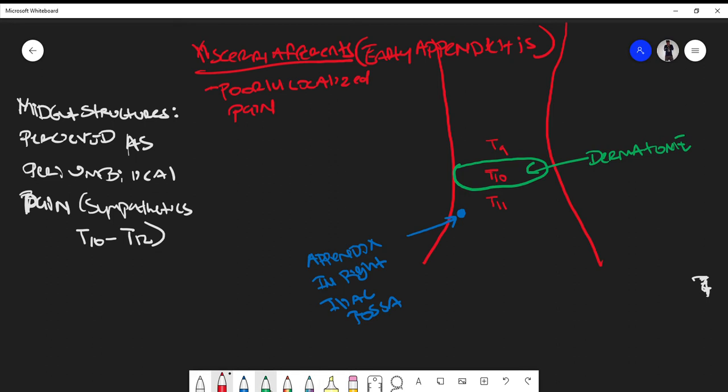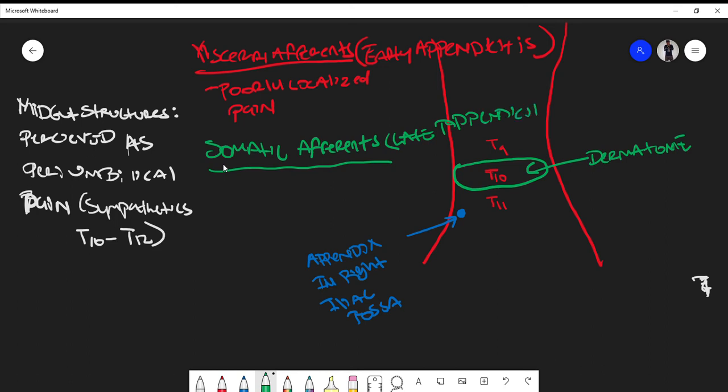Now, what's interesting is that in the later stages of the disease, or not disease, but the inflammation, somatic afferents come into play. Let's say this is late appendicitis.